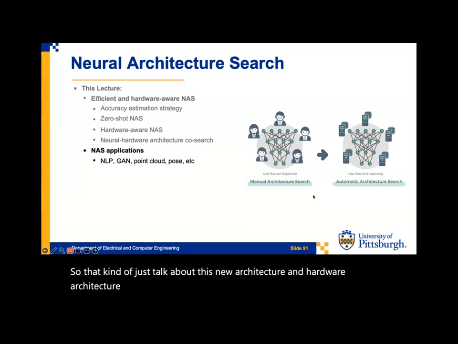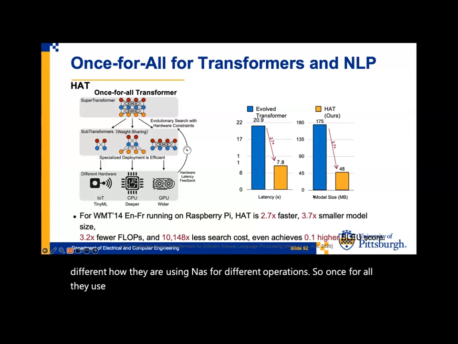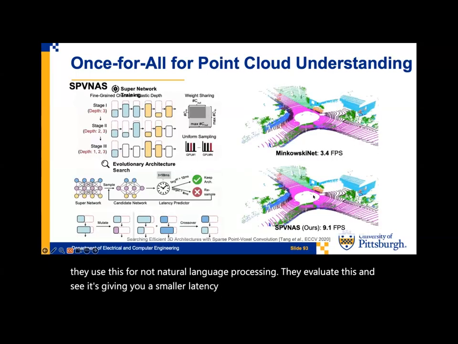And now we went through some of these different applications of NAS for different operations. Once-for-All, they use this for natural language processing. They evaluate this and see it's giving you smaller latency and a smaller model.